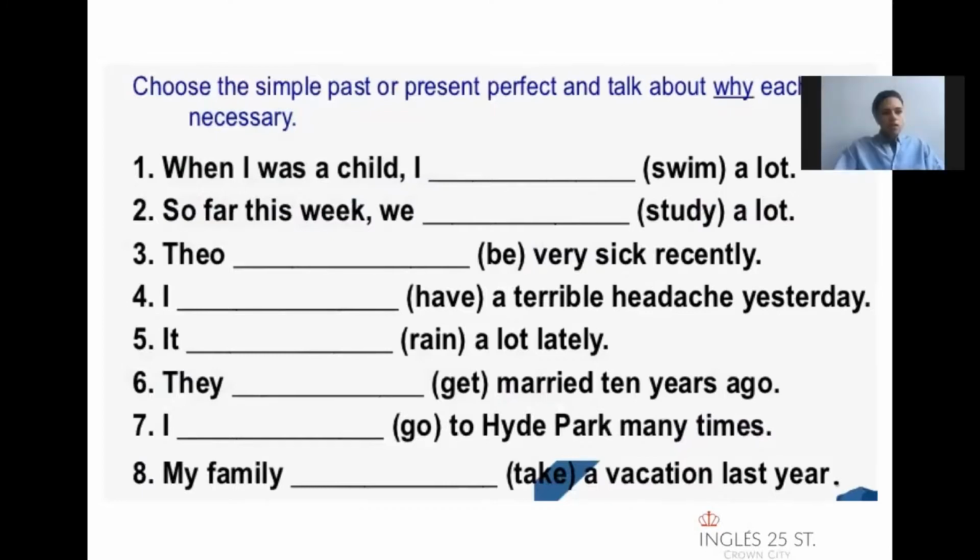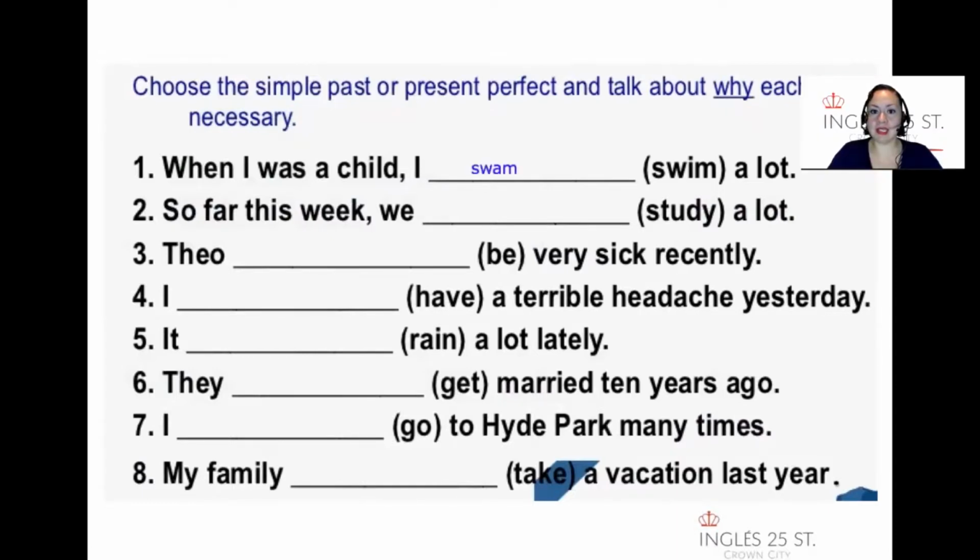I think that is swam. Exactly. Very good. So it's past simple. What about number 2, Paula? So far this week, we study a lot. What is the correct tense? We have studied. Okay, so what is the tense that we are using here?